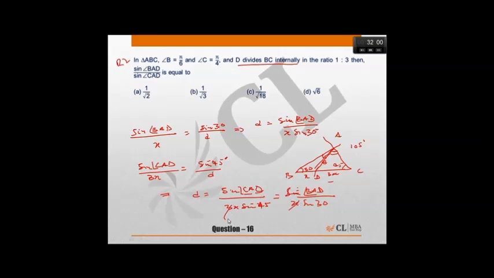So x is gone out. So we can say sine of BAD upon CAD will be equal to 3 sine 45 upon sine 30.